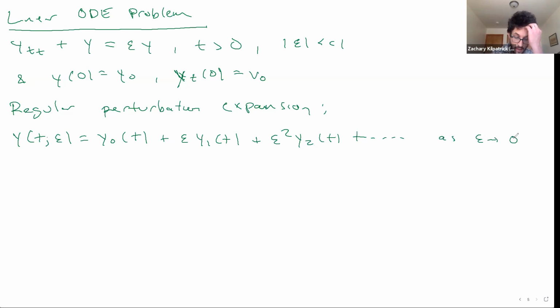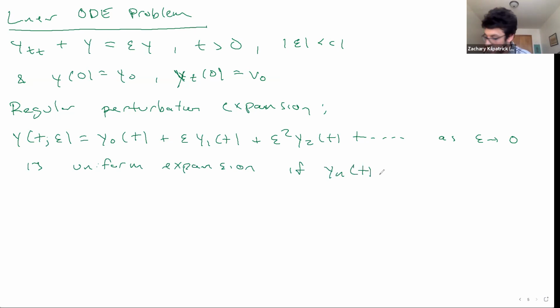Okay. Now this is going to work for some problems, right? But in order for it to work, you need this to be a uniform expansion. And that's the case if what? Well, if y n of t is equal to big O of 1, for t greater than 0, as epsilon goes to 0, okay?